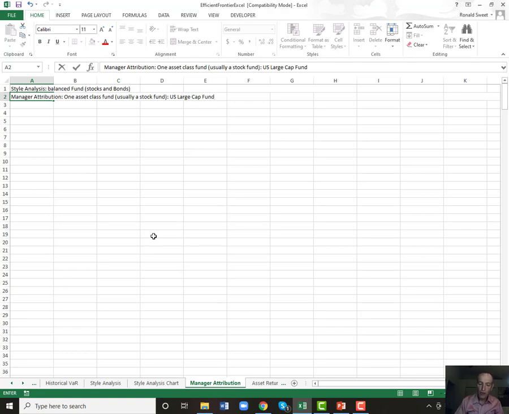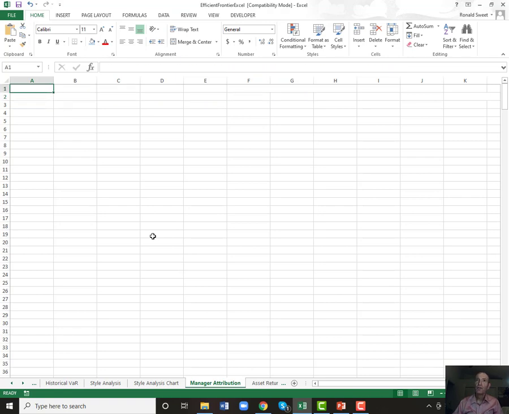You want them to be all US large cap or US small cap or US small cap value. So you want one asset class. And what we're going to try to figure out is whether this manager is doing a good job managing their US large cap fund.